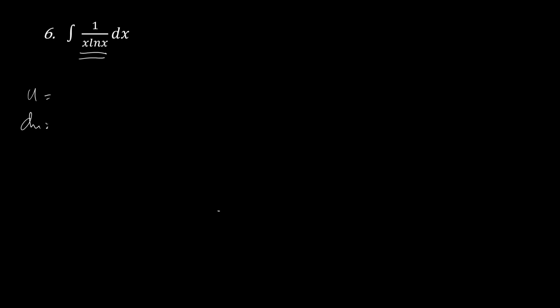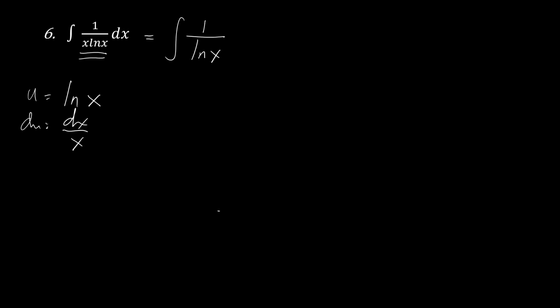So we need to check and get another u. And at this point, we take on just ln x as our u. And du is 1 over x dx or dx over x. So we can write our integral as 1 over ln x dx over x.